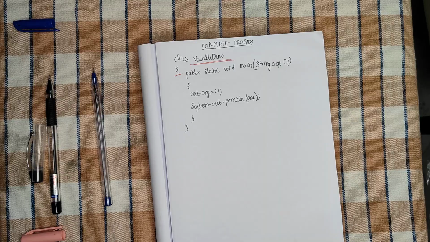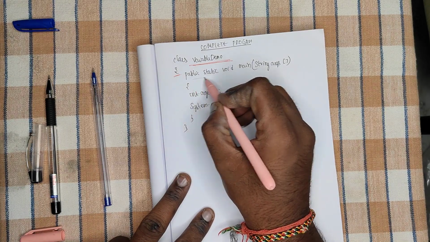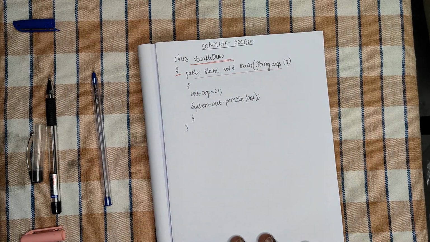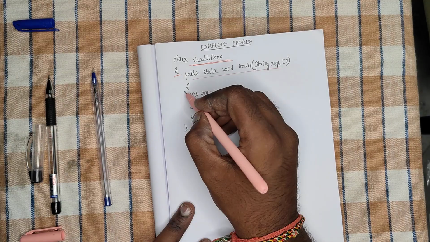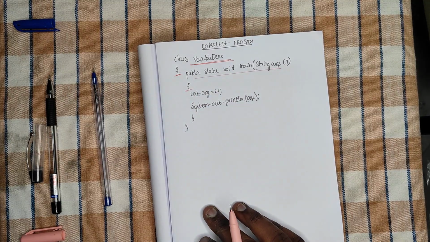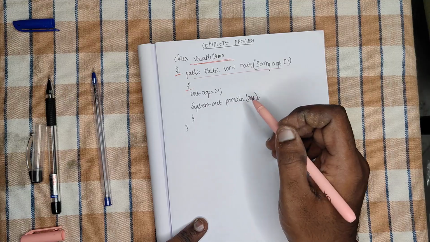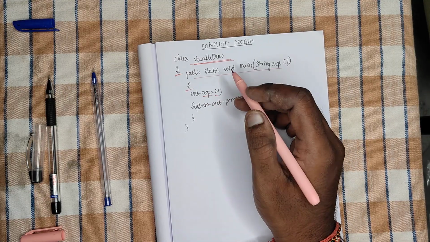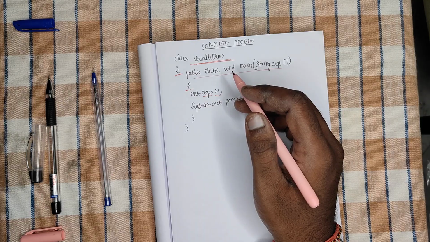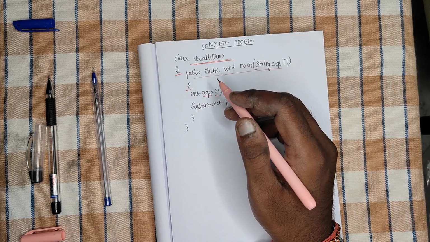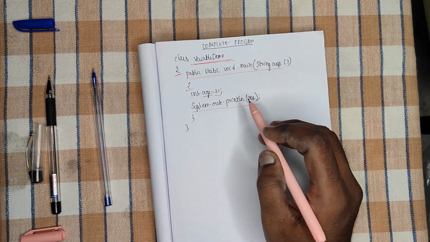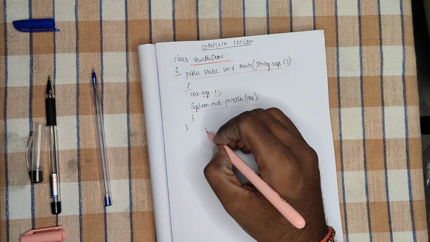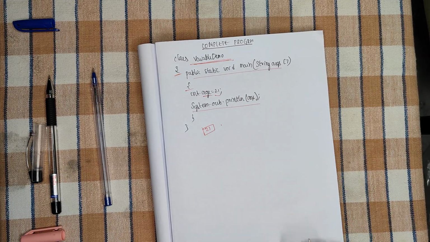Public static void main, the main method, is the beginning of the main method. Declare an integer variable called age and assign the number 21. Then we print the value stored in age, using System.out.println. So the output will be 21.